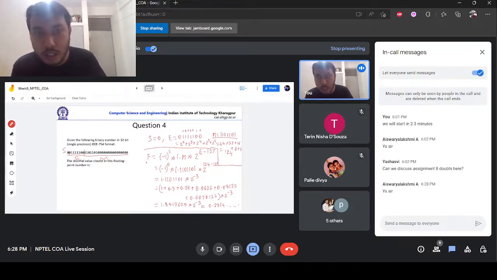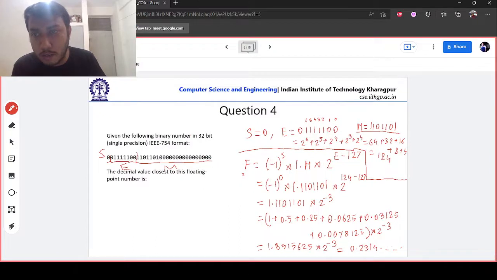So if you see, this is the IEEE number that we have been given. In IEEE 754 you have 1 bit of S, that is the sign, the next 8 bits are exponent, and the last 23 bits are mantissa.